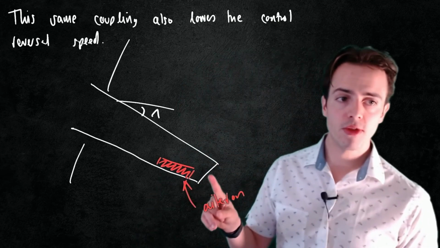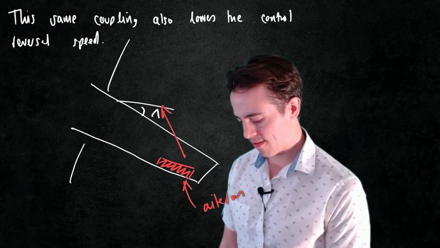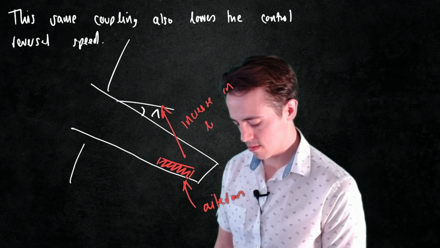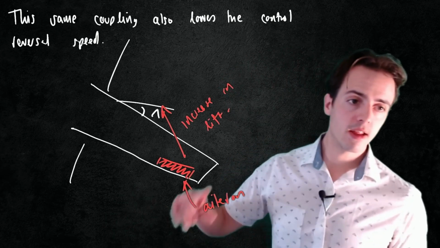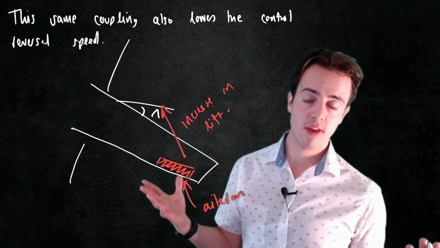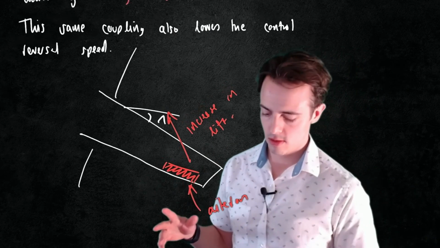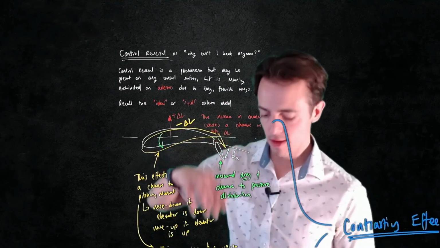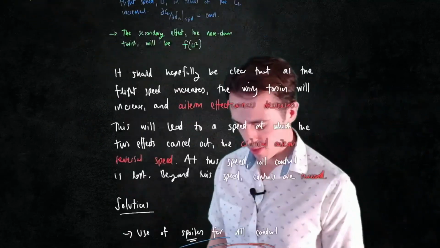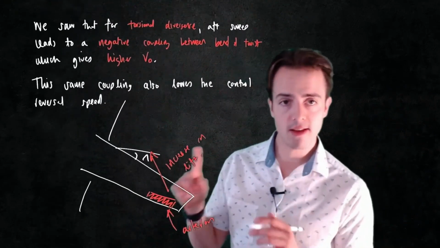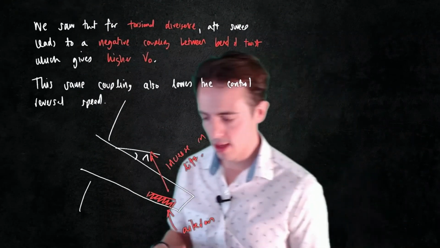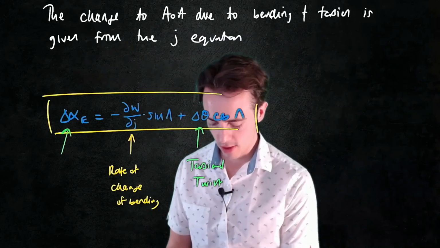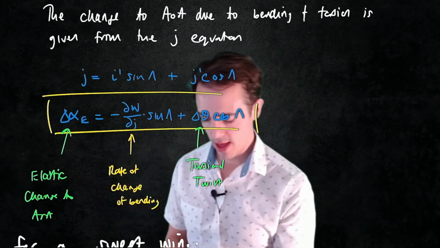Now if I want a positive increase in lift, we'll have the same effect that we saw for an unswept wing. We're going to have a reduction in incidence due to torsional twist, but also if we're increasing the lift, we're going to increase the bending of the wing. And if we're increasing the bending of the wing, we're going to reduce the angle of attack because of the equation that we came up with here.